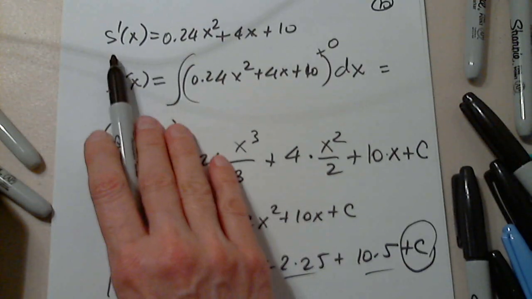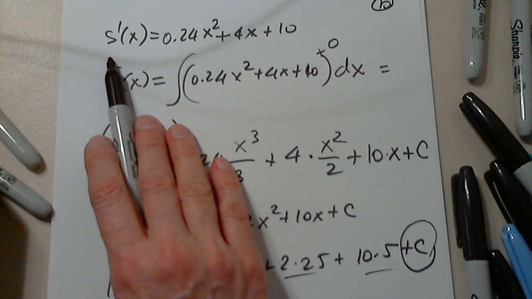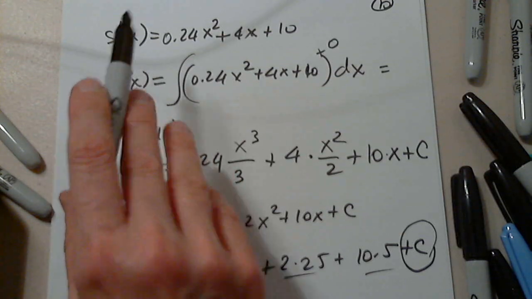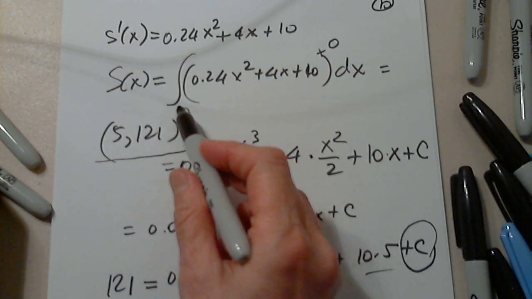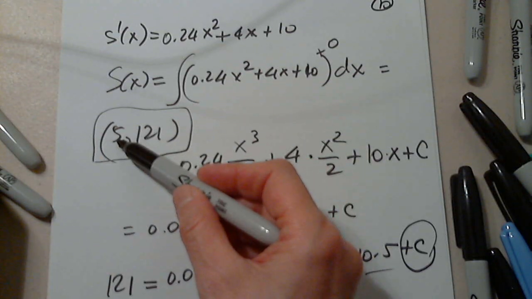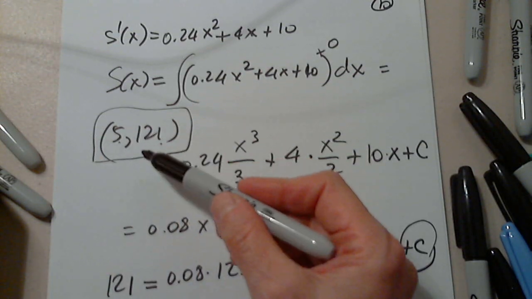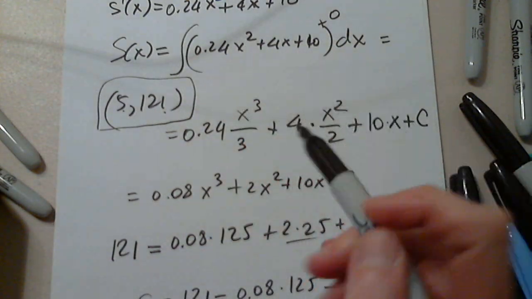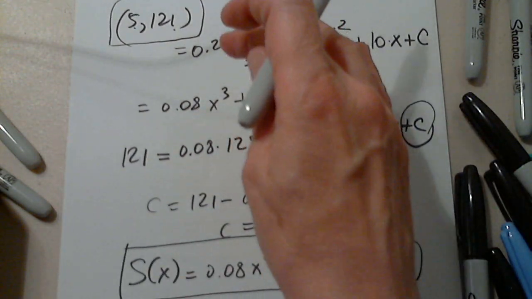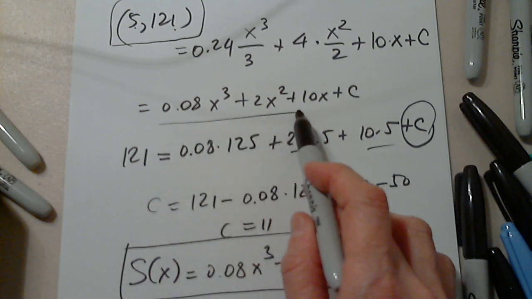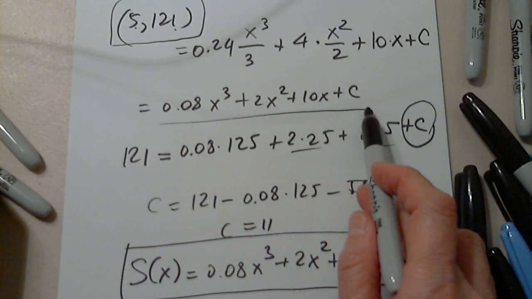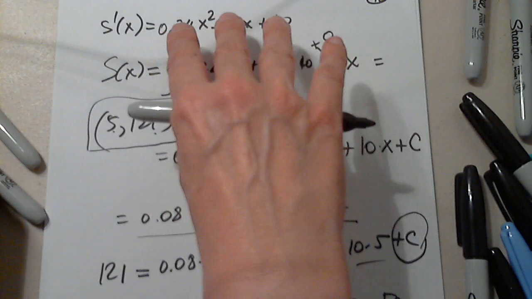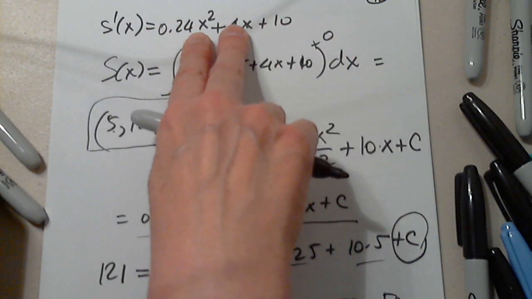We were given the rate of change of supply function, not the supply function, but the rate of change. We were given that when the price is 5, the supply is 121. We used the indefinite integral and the procedures of finding the most general antiderivative, the functions whose derivative is this.